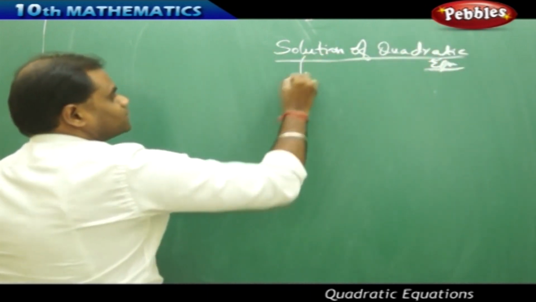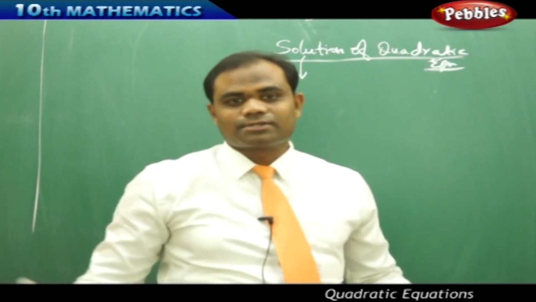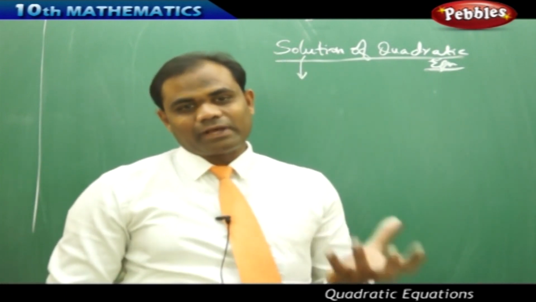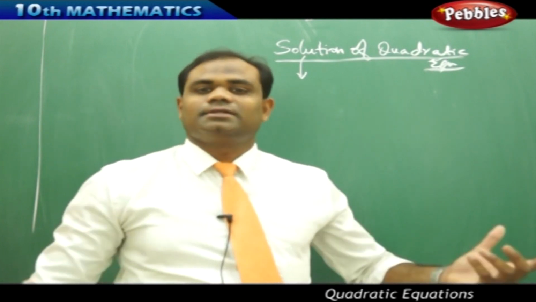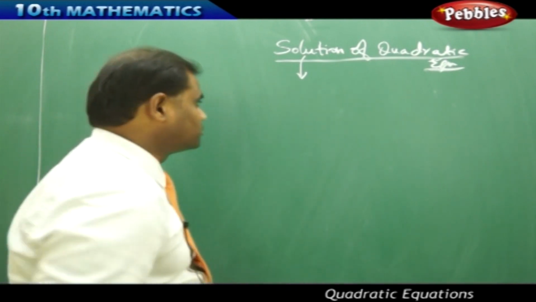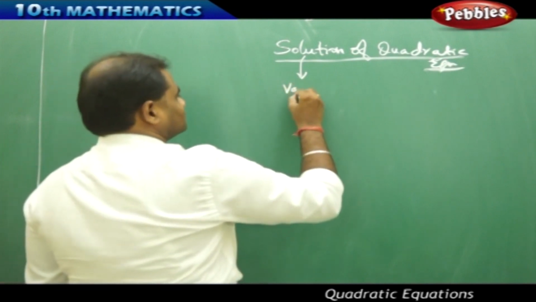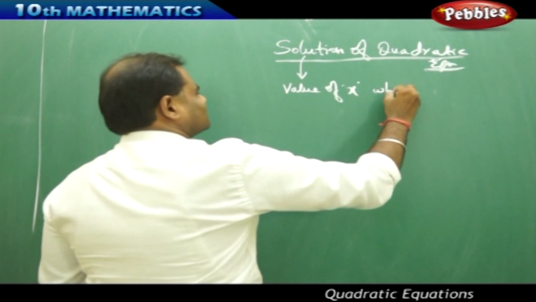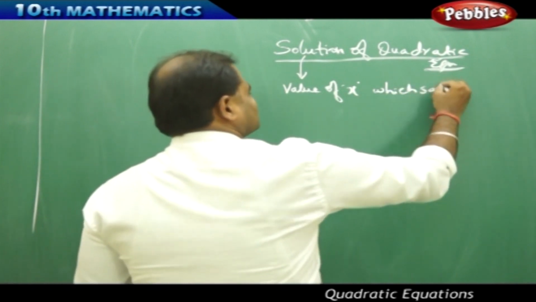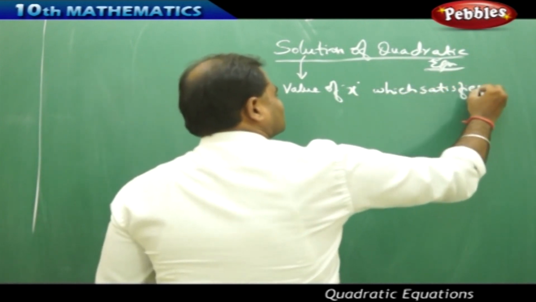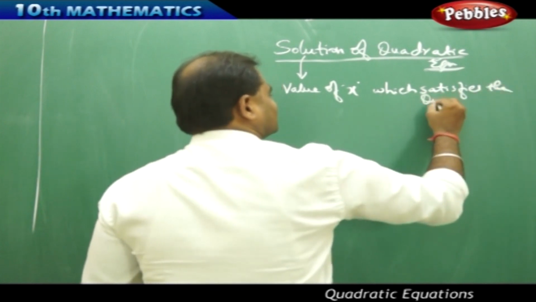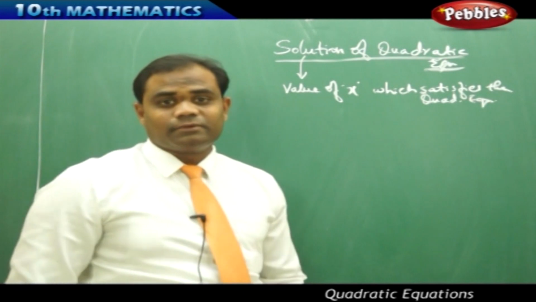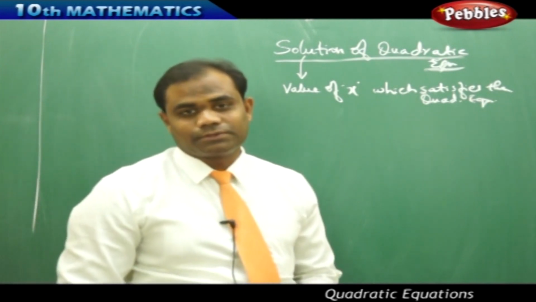So to start with the definition, what is a solution of a quadratic equation? It is the value of x which satisfies the quadratic equation. This is how we understand the basic definition of solution.